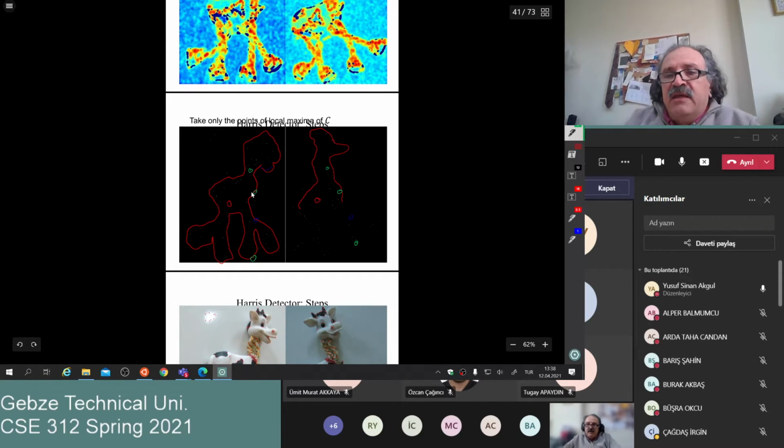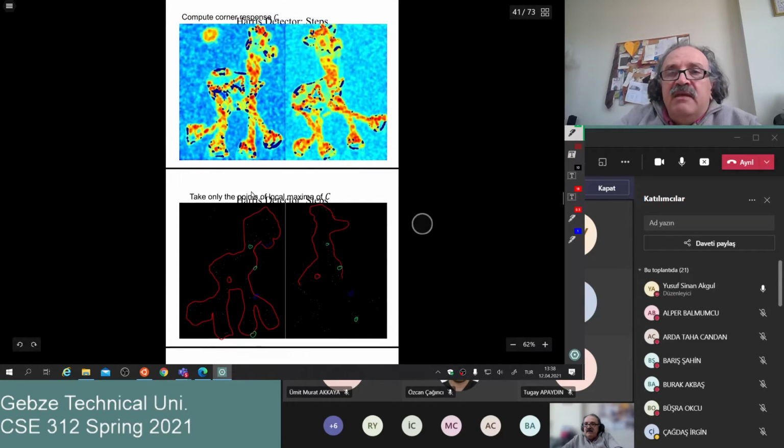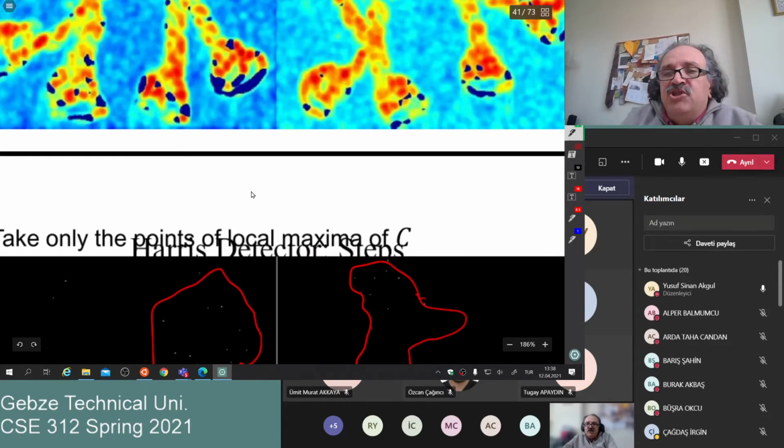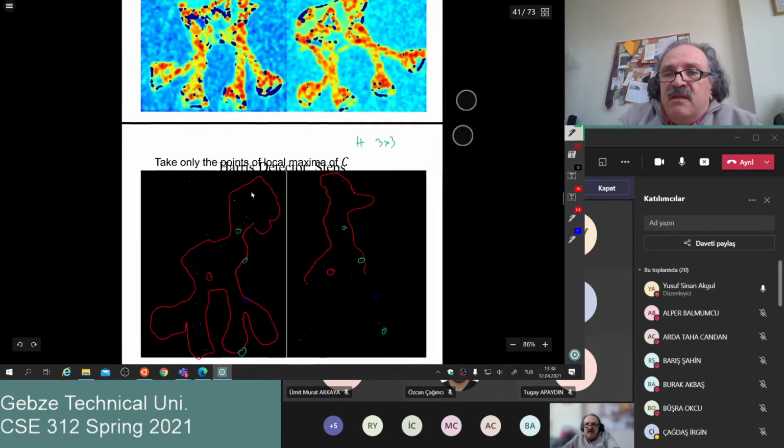Can I establish a homography between these two? Can I establish a homography matrix H, a 3 by 3 matrix, between these two images?